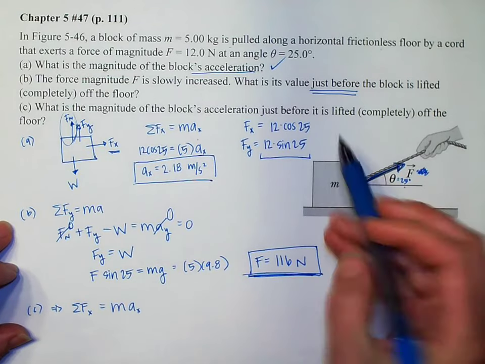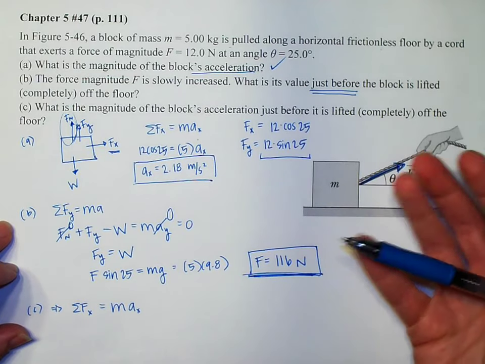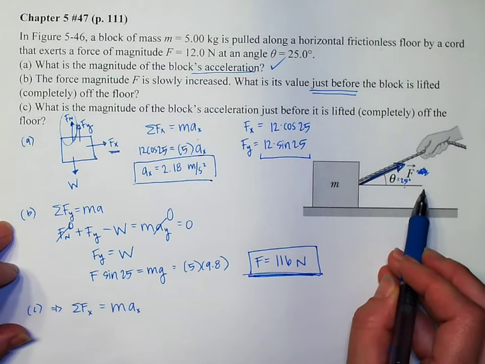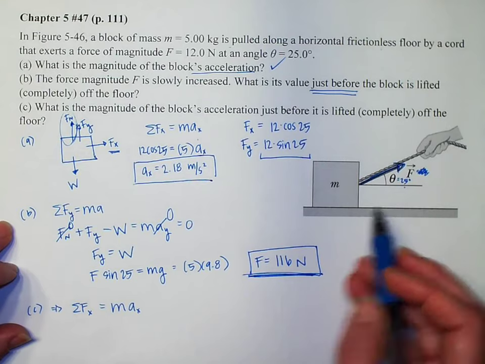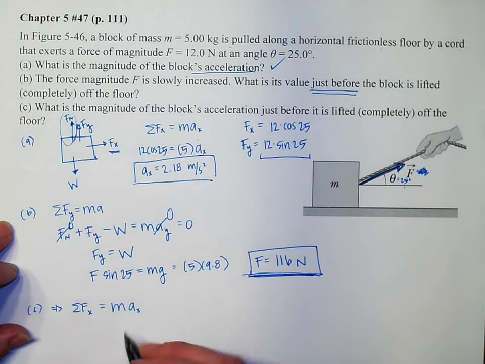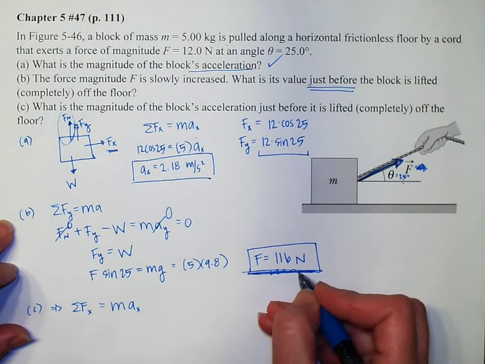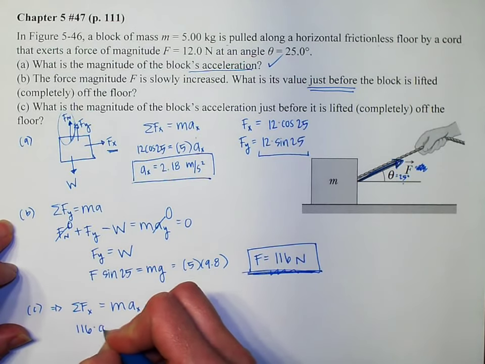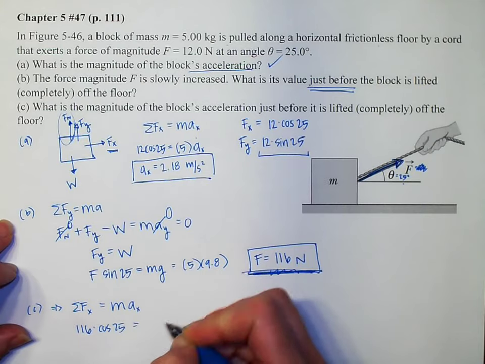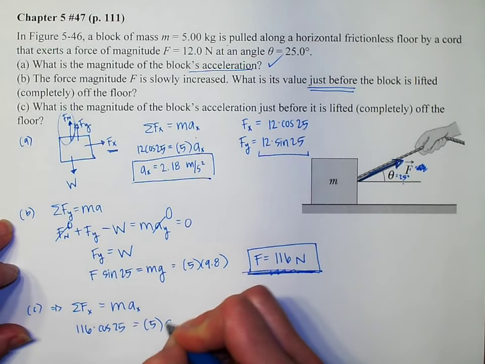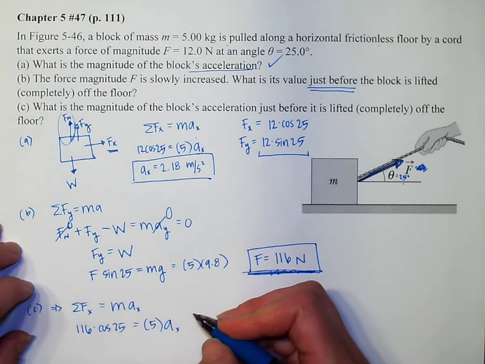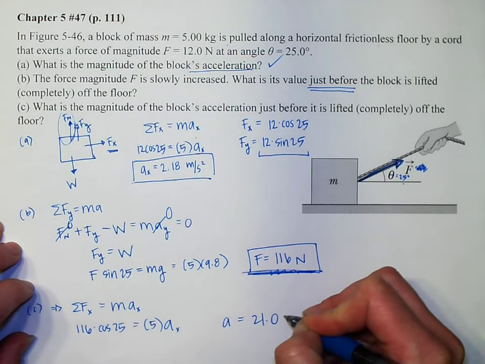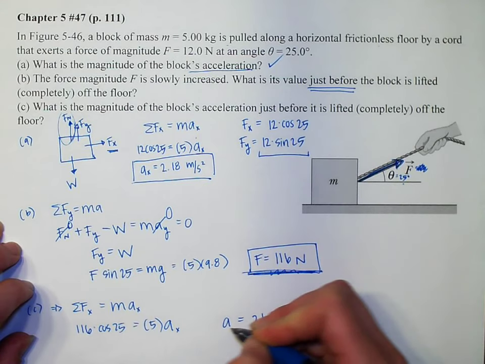Because if I am not yet lifted off the floor, but I'm almost lifted off the floor, that still means that I'm only accelerating in the x direction. But now, instead of 12 cosine, my force is 116 instead of 12. So I'll have 116 times cosine of 25 equals my mass of 5 times that acceleration that we're looking for. And we find out that our acceleration now is 21.0 meters per second squared.